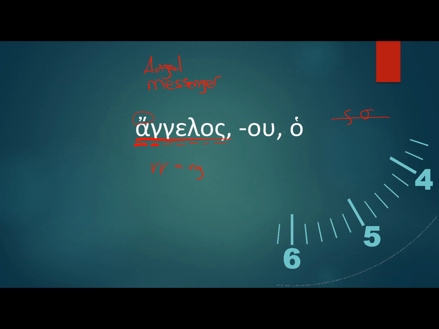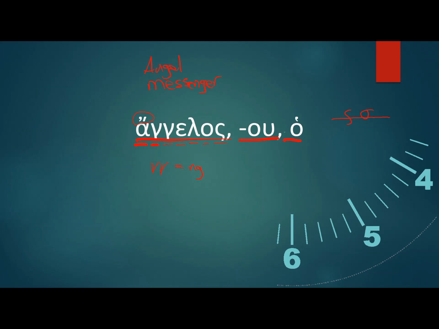So that means that the smooth breathing mark doesn't change the pronunciation in any way. The accent mark tells us that this syllable, the first syllable, is the one that will receive the stress when we pronounce it, angelos.